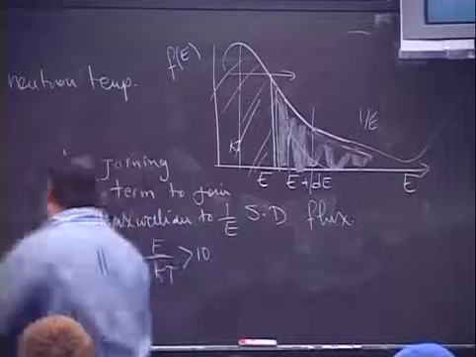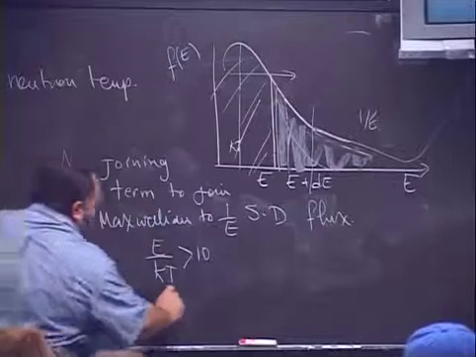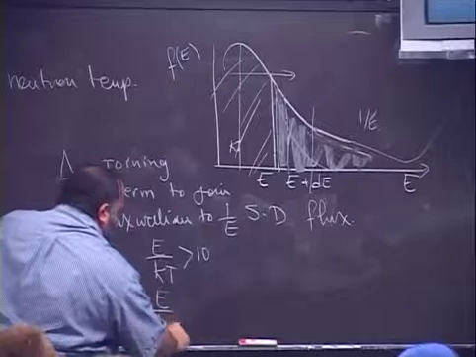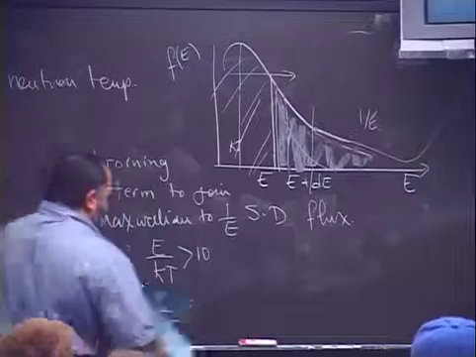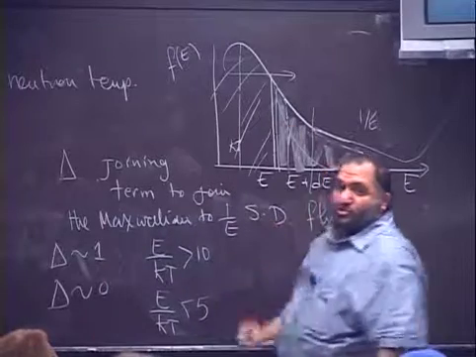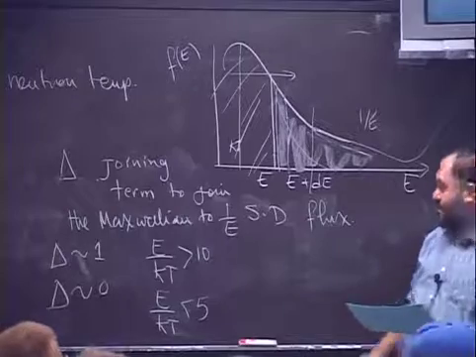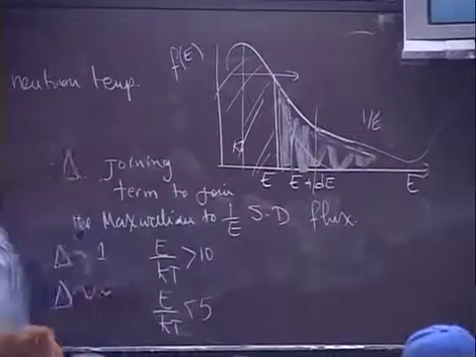Okay guys? And this delta will be nearly 0 if E over kT is less than 5. So if you are less than 5, you do not add anything to the Maxwellian. Okay guys? So how will we add it? Here is how we will add it.